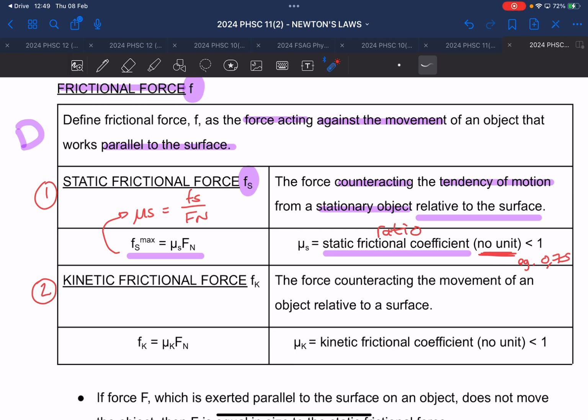So that means at a certain point, just before it moves, the static friction is at a maximum. And after it has moved, the kinetic friction is actually less than the static friction. The static friction becomes the maximum just before it moves. Right, you can sit down.